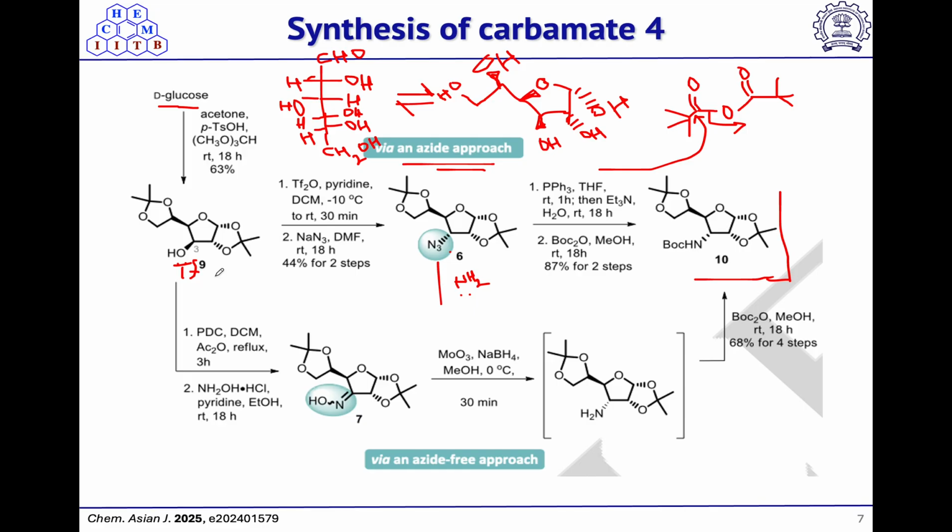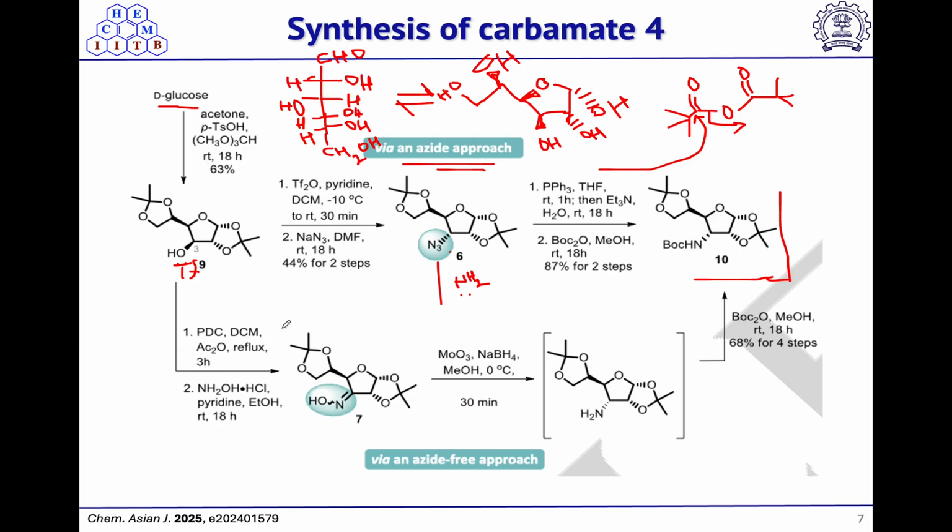So this compound 9, what they did first, they treated with PDC, acetic anhydride and in DCM. What will happen in this first step? PDC is an oxidizing agent, right?